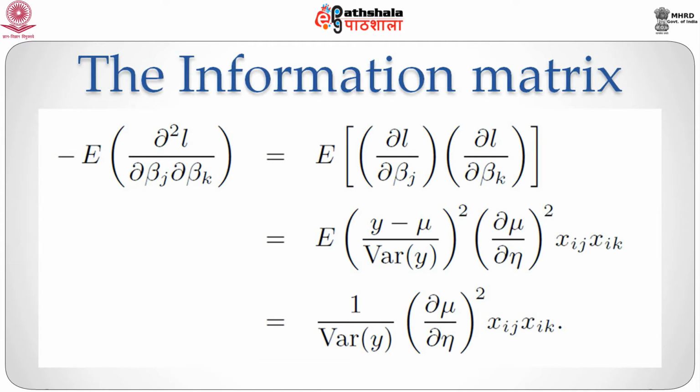Using the calculations which we have derived so far, this is equal to expectation of (y minus mu over variance of y) whole square into (d mu d eta) whole square into xij xik. Using the fact that expectation of (y minus mu) whole square is the variance of y, this simplifies into 1 over variance of y (d mu d eta) whole square into xij xik.